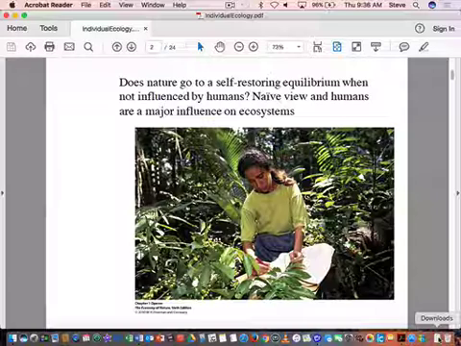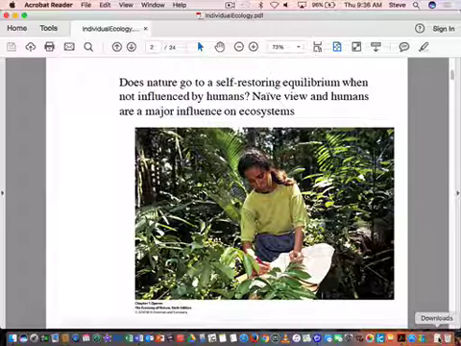When we preserve parks and things like that, we try to minimize human interference, but it's hard to prevent, because you have a lot of global things that influence the availability of water and temperatures increasing and all these sorts of things.